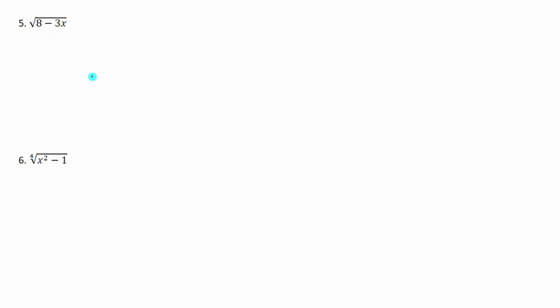How about something like this? It is an even root, it's a square root. I know that 8 minus 3x must be greater than or equal to 0. We state that because if it were less than 0, then we would be taking the square root of a negative number and we would get an imaginary answer. So we want 8 minus 3x to be greater than or equal to 0. So I have negative 3x greater than or equal to negative 8.